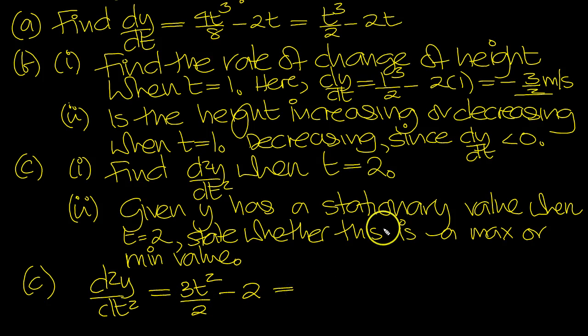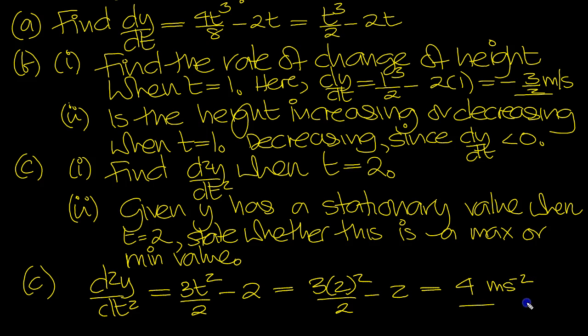Put t equals 2 in here: 3 times 2 squared over 2 minus 2, which is 4 over 2 is 2, 2 times 3 is 6, minus 2 is 4. And this is in meters per second squared. So this is the acceleration. When t is 2, it's got a positive acceleration.